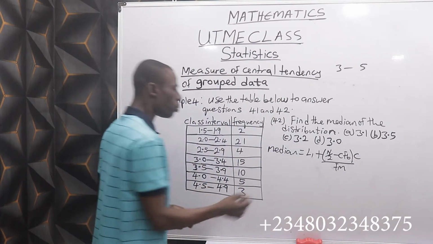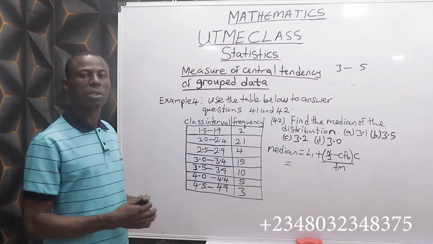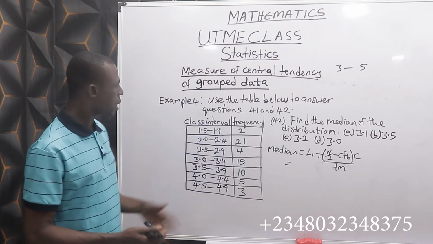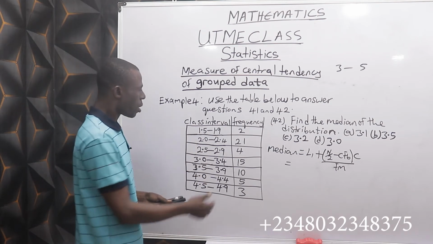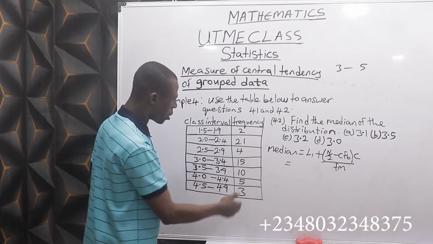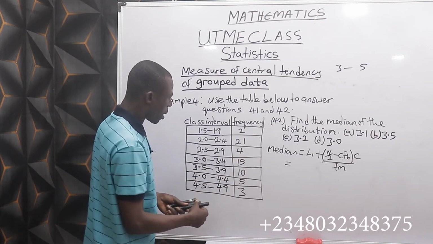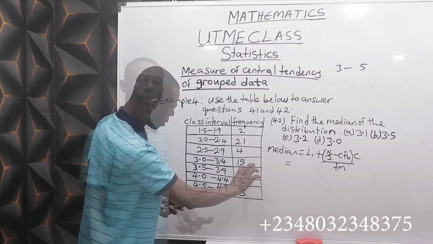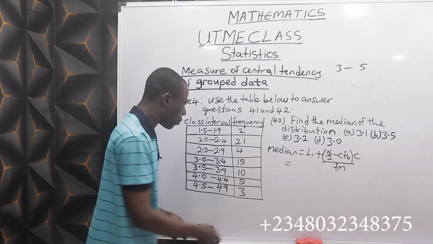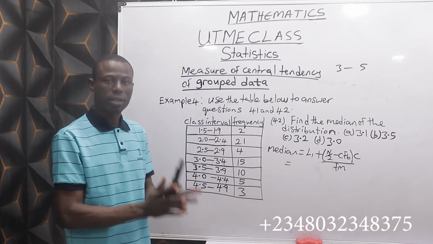I've explained to you before now, L1 is the lower class boundary of the median class. How do you discover your median class? In this case, what is the summation of the frequency? The summation of the frequency here is 60. Half of 60 is 30.